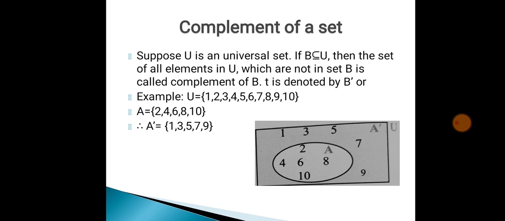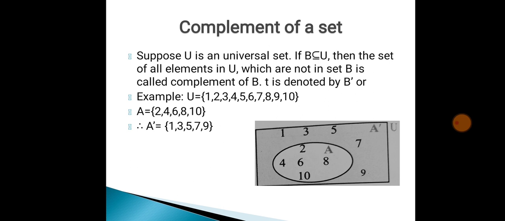Example, suppose U = {1, 2, 3, ... till 10}, and A is another set containing 2, 4, 6, 8, 10. Now you have to see, children, which elements are present in A will not be present in A complement.